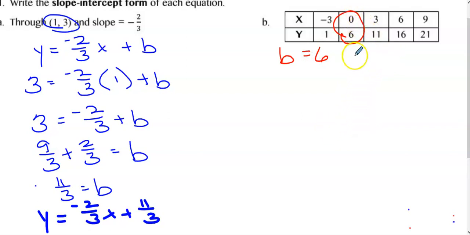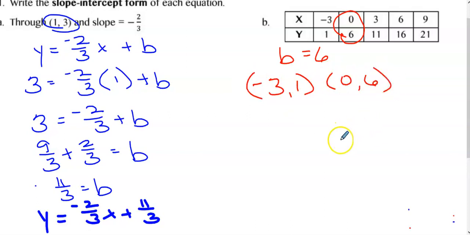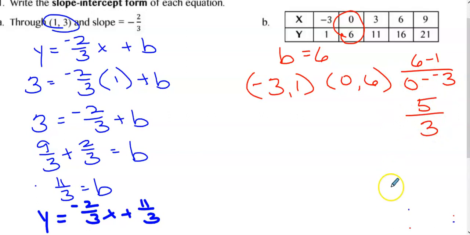If I'm going to use the lowest ones, negative 3, 1 is one of them, and 0, 6 is the other one. So if I take 6 minus 1 in the numerator, and then 0 minus negative 3, which is 0 plus 3, that's going to give me 5/3. So that's the slope. So I have everything I need now. I have y equals 5/3 x plus 6.